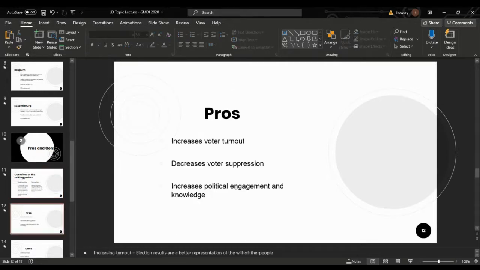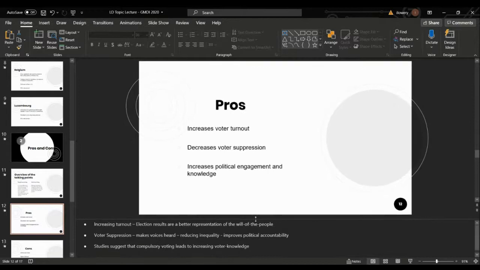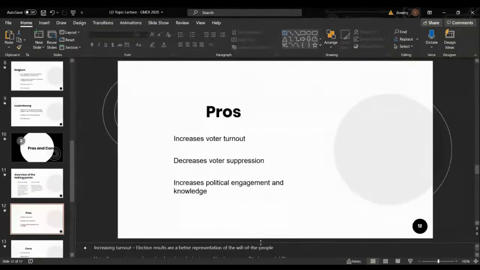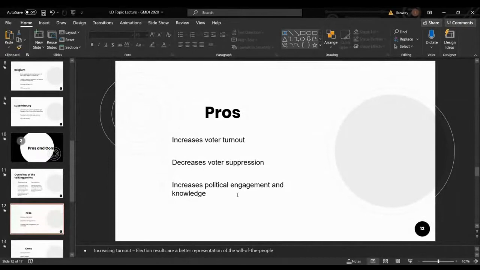All right, so for the pros of compulsory voting, if you're on the pro side, your general arguments will be in the vein of voter turnout. You could argue that that leads to a decrease of voter suppression, i.e., the trend for some individuals to not have as fair a shot at engaging in the electoral process, as well as that increasing political engagement leads to an increase of political knowledge, which could lead to better outcomes.